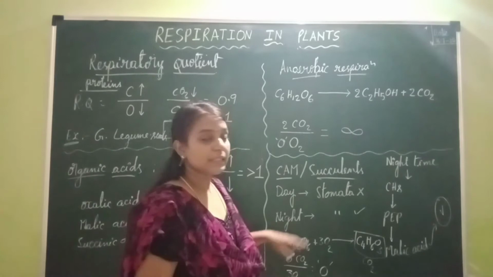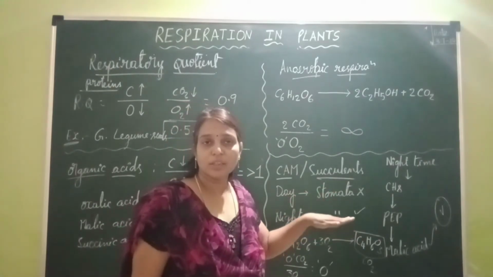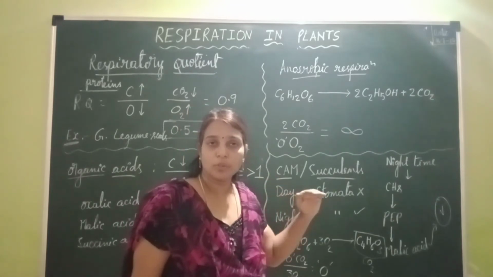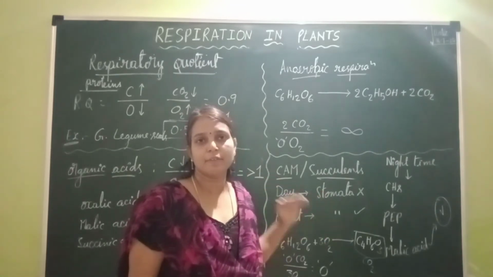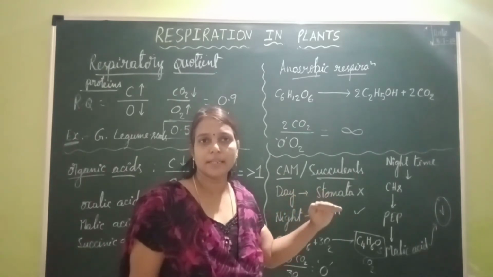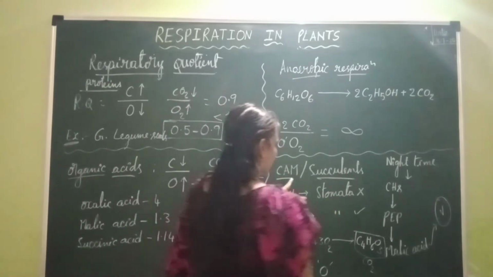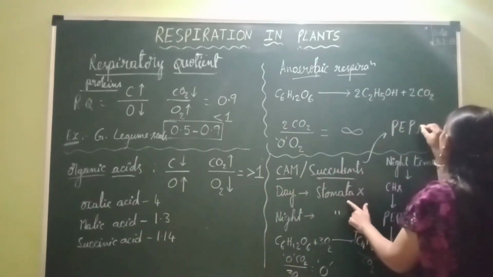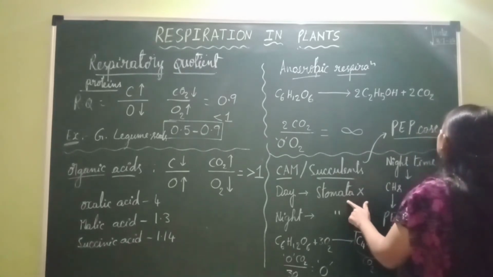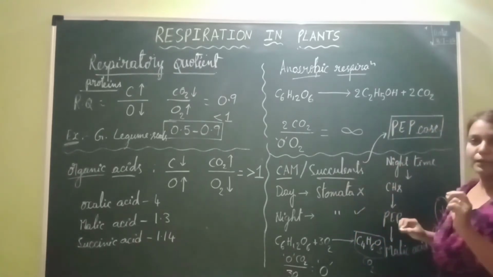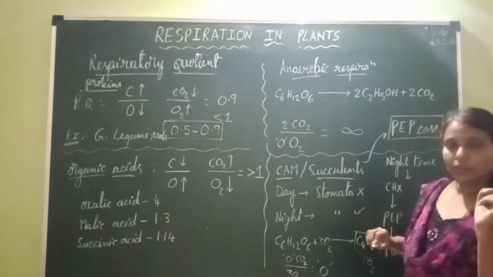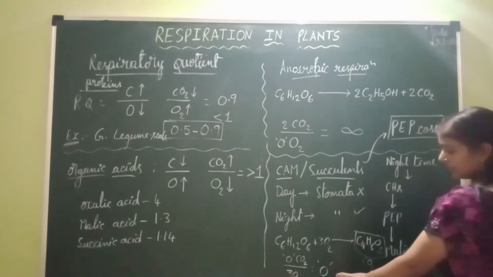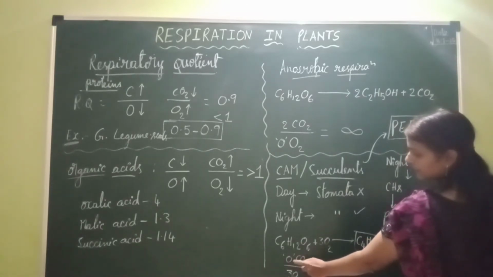Even if carbon dioxide is released in these plants through respiration, that carbon dioxide is immediately fixed by a strong carbon dioxide fixing enzyme, that is PEPcase. So CAM plants consist of a strong carbon dioxide fixing enzyme called PEPcase, which fixes the carbon dioxide released through respiration immediately, and hence in CAM plants the carbon dioxide released into the atmosphere is always 0.